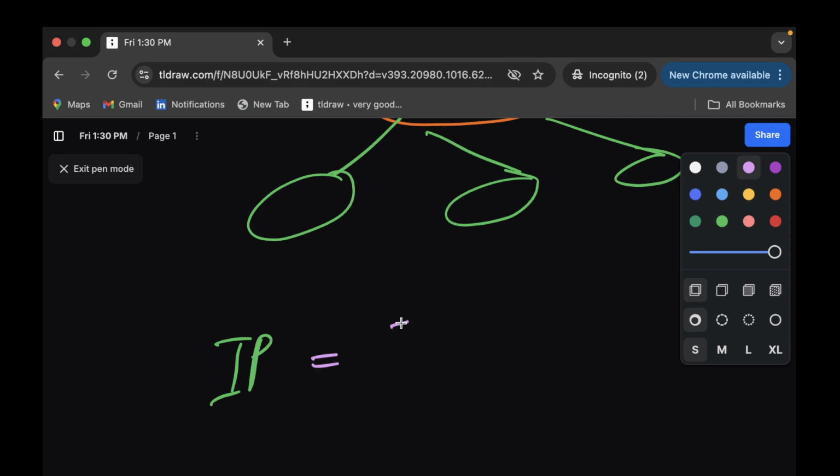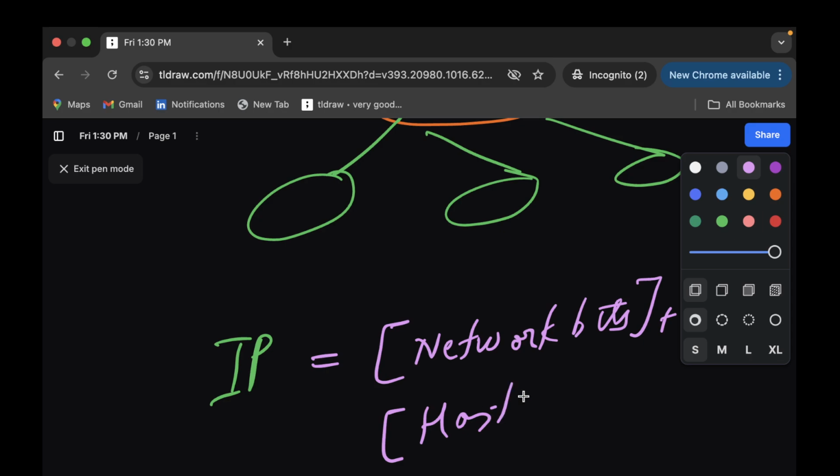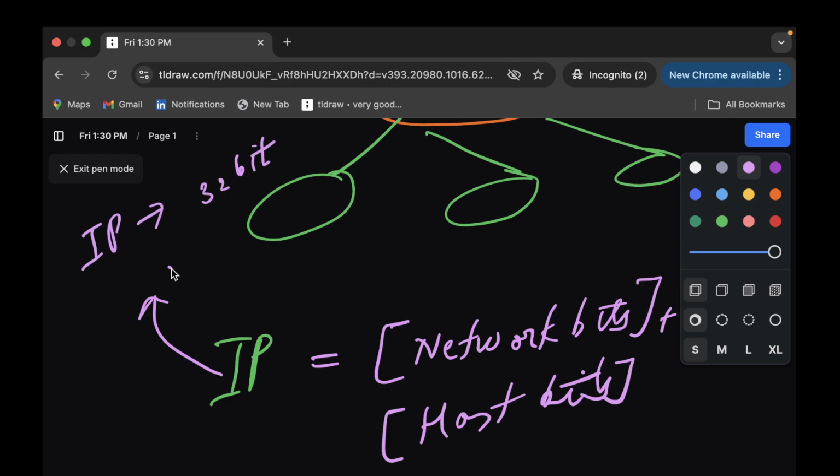The IP address is going to be network bits plus host bits. The total size of an IP address is 32 bits, so the total number of addresses is 2 power 32.